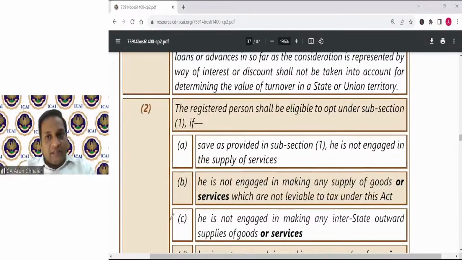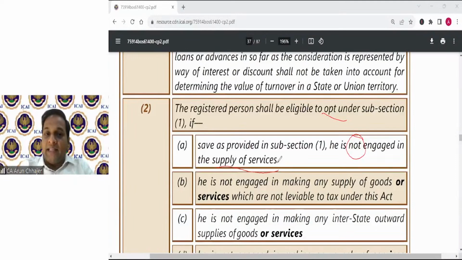The registered person shall be eligible to opt for 10(1), which means composition, if he is not engaged in the supply of services, save as provided in subsection 1. Whatever he is eligible for, apart from that, he is not providing any service.